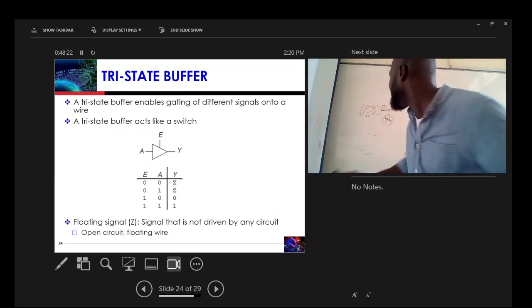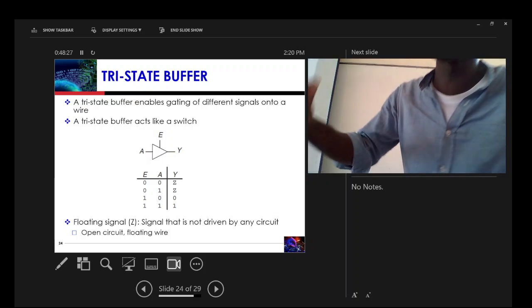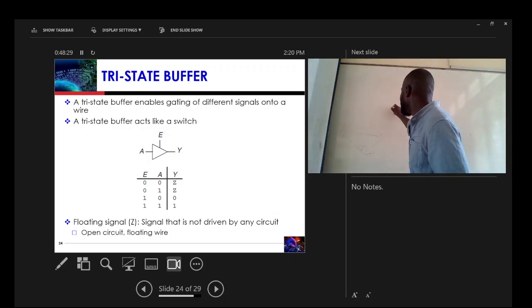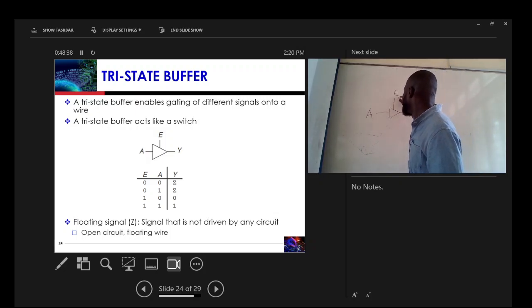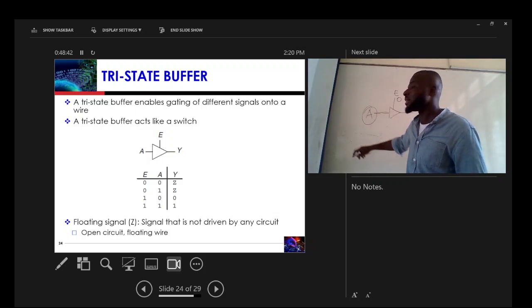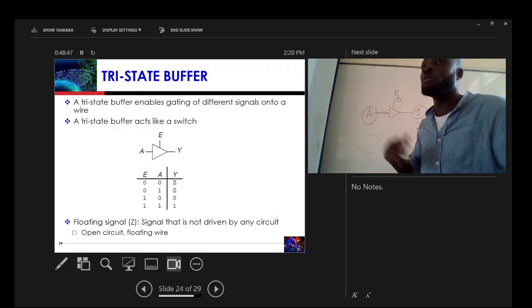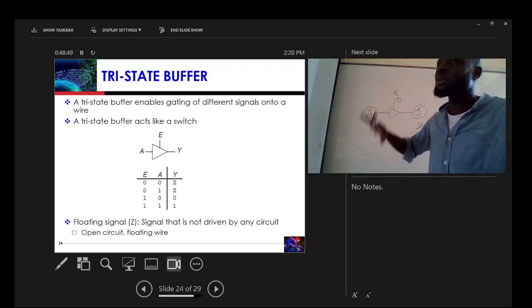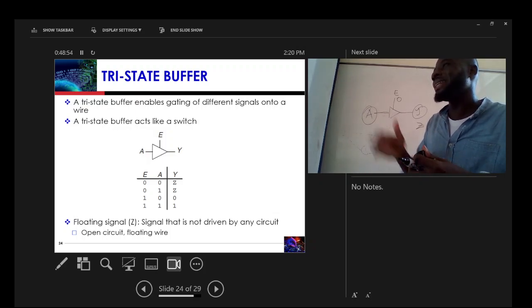But sometimes you want the output to actually float. So you have a gate called the tri-state buffer. There is an enable, then you have A, and then you have your output. If the enable is 0, no matter the value here, the output is known as high impedance, Z, or floating. The value is not 0, not 1, it's high impedance. It means you have actually disconnected the wire.